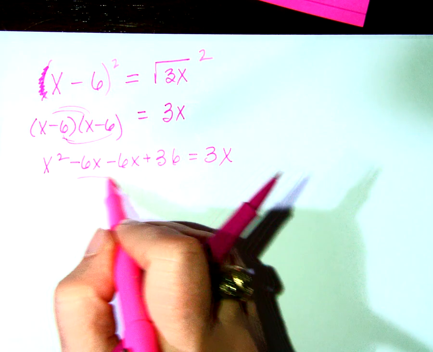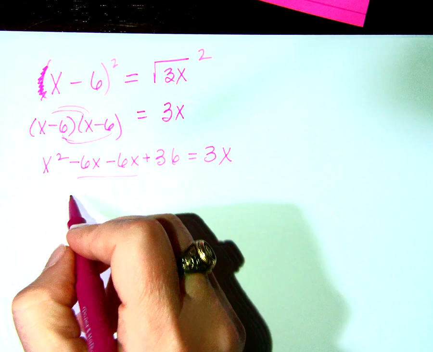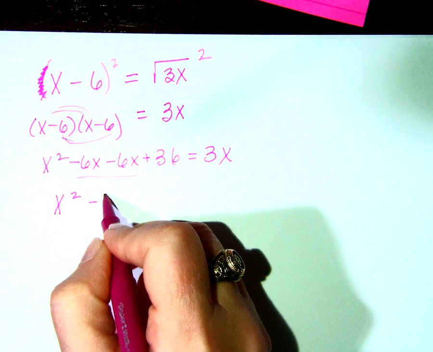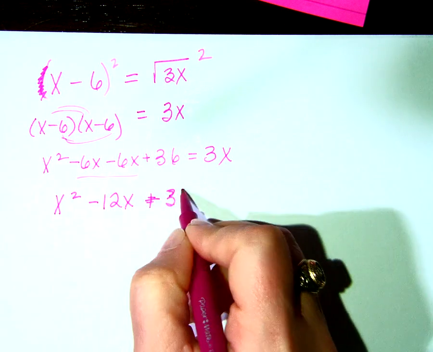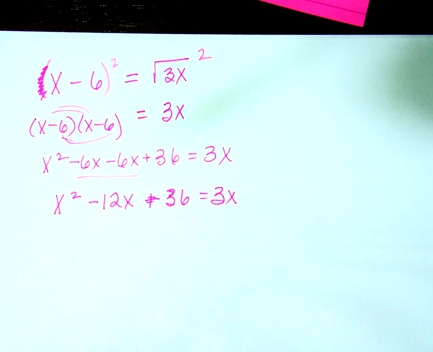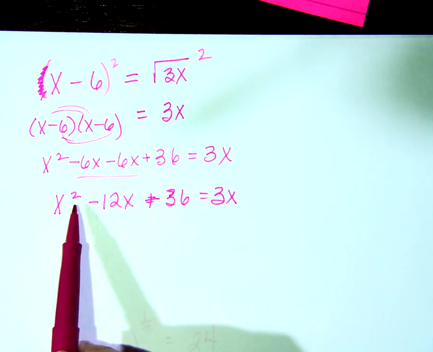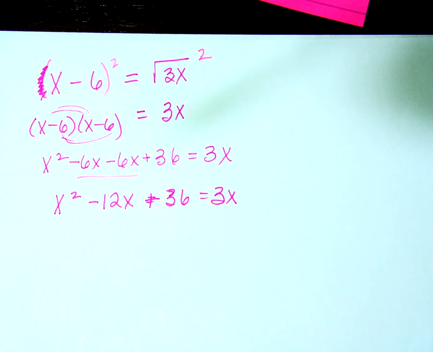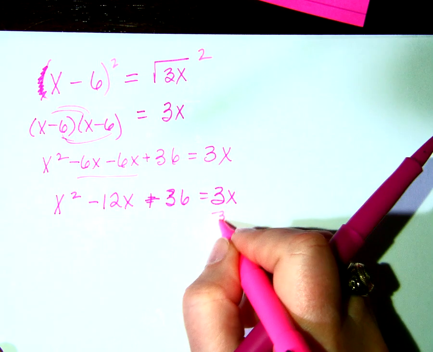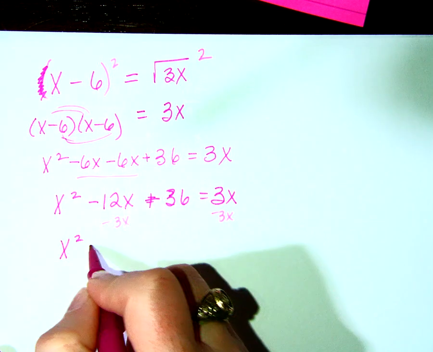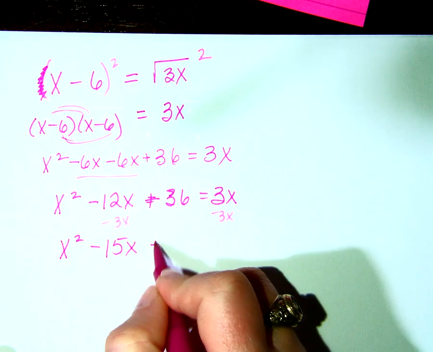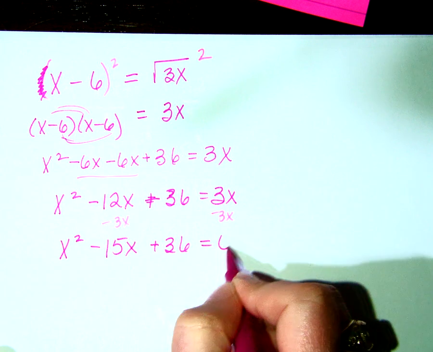If I combine my like terms on the left-hand side of the equation, I get x squared minus 12x plus 36 equals 3x. What type of problem is this now? It's a quadratic, and if we're solving quadratics, we need it to equal 0. If I subtract 3x from both sides, I get x squared minus 15x plus 36 equals 0.